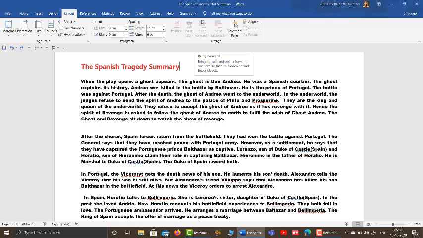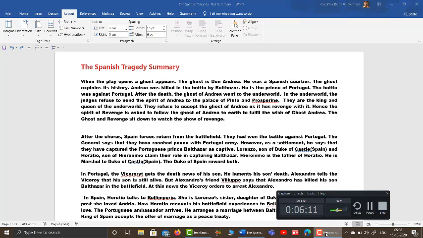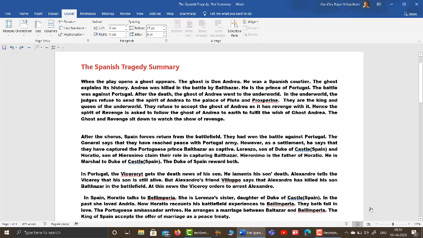So the king and the princess ask the spirit of Revenge to take Don Andrea to the earth to satisfy the revenge motive of Don Andrea. After that, Revenge appears as a chorus. So the chorus closes, and after the chorus, this drama opens.